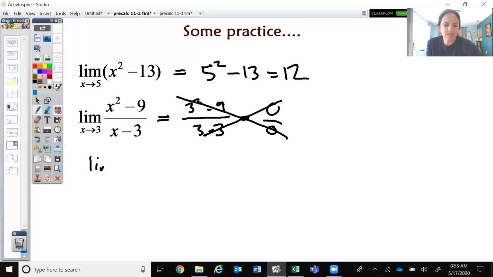So instead, let's look at this function again. x squared minus 9 factors into x minus 3 times x plus 3.